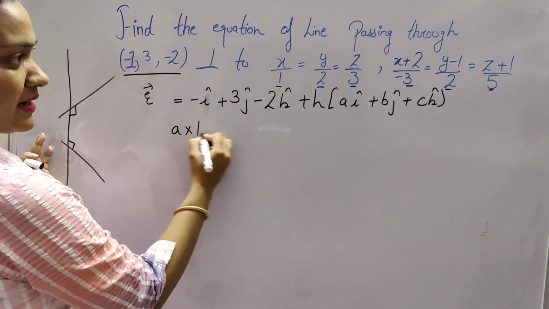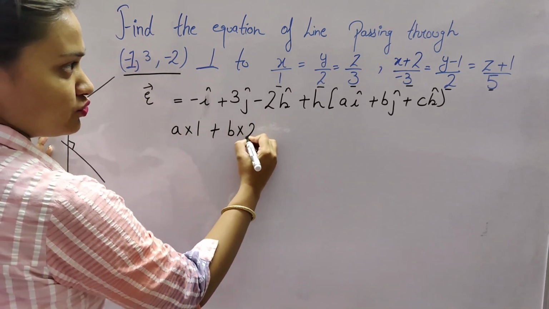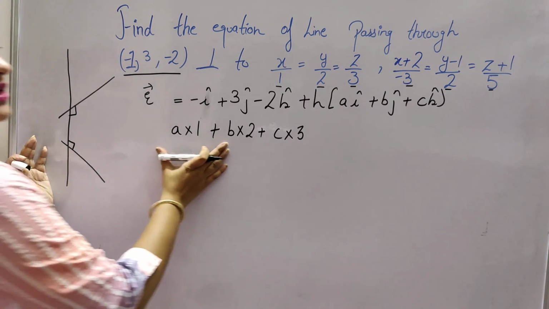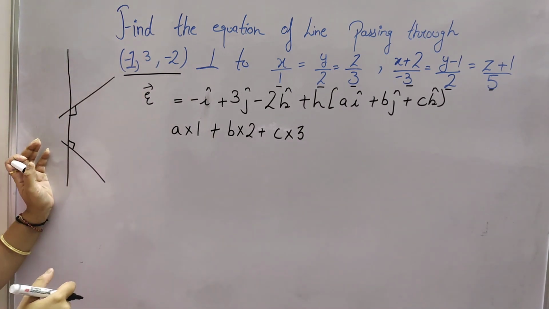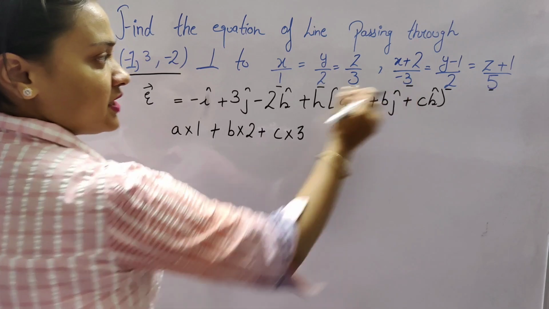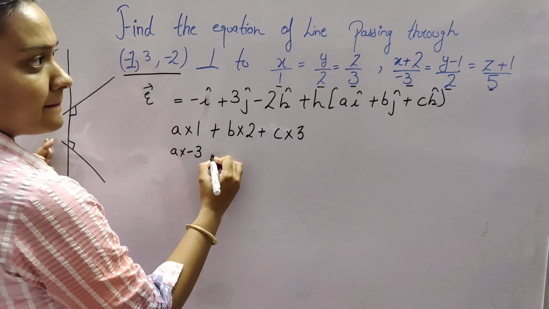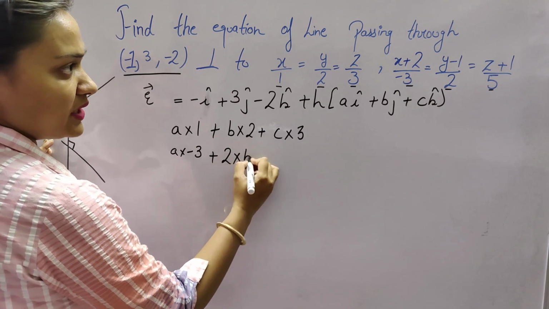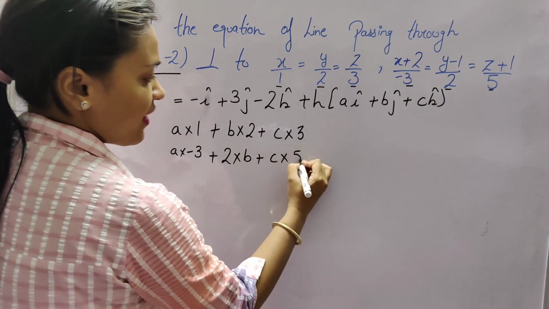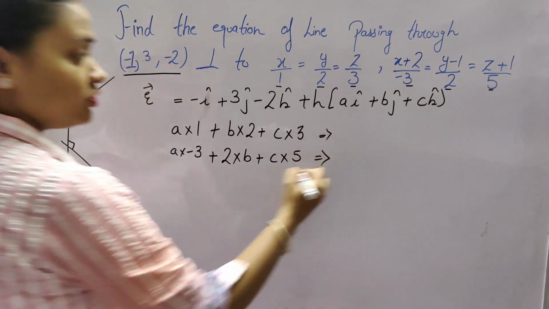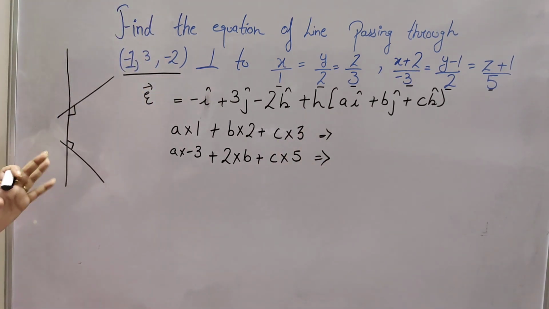A into 1 plus B into 2 plus C into 3 equals 0, we can form an equation of this. Again writing another equation, A into minus 3 plus 2 into B plus C into 5 equals 0. So you get your two equations.